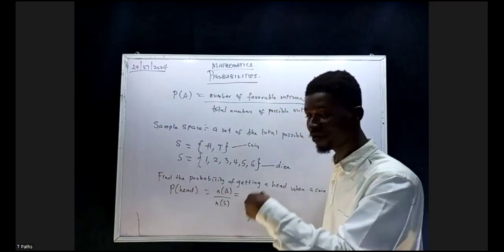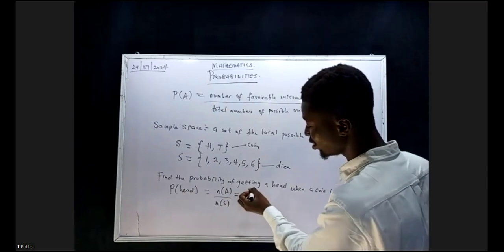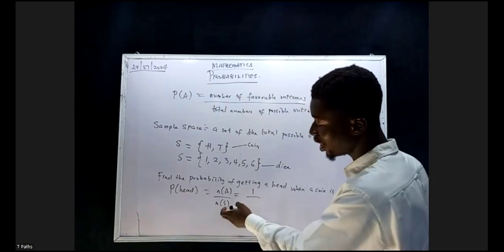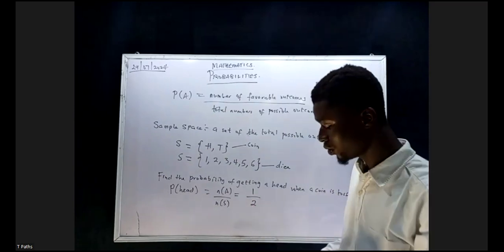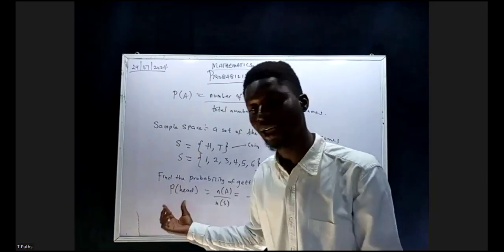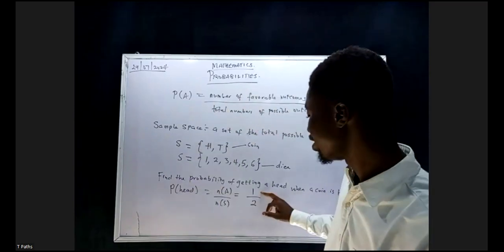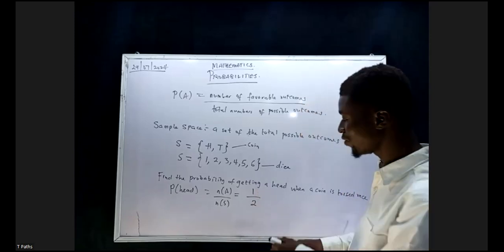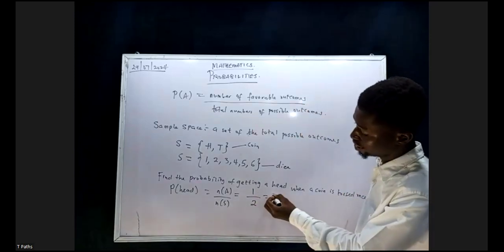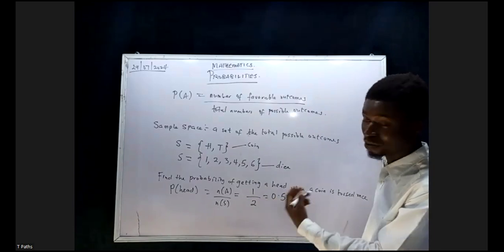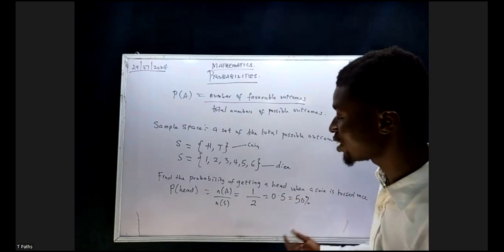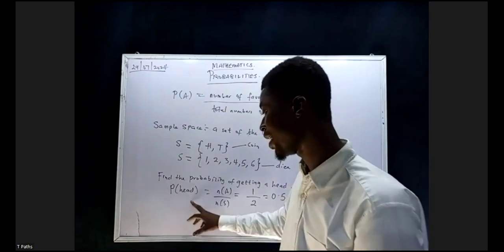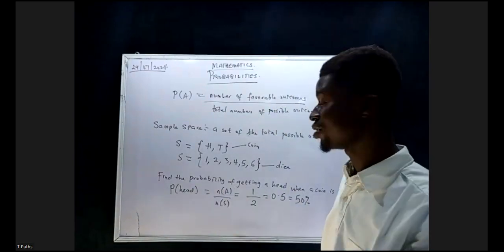If I happen to have a head, it appears just once, out of a total sample space of 2. So the probability of getting a head when you toss a coin is 1/2, which is 0.5. If you multiply it by 100, you have 50%. So I have a 50% chance of getting a head if I throw a coin once.